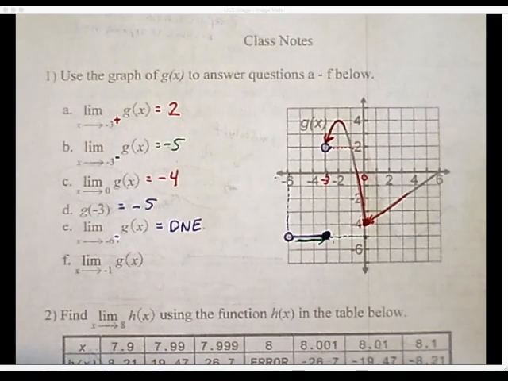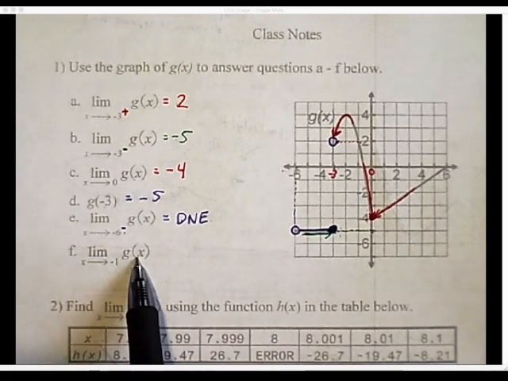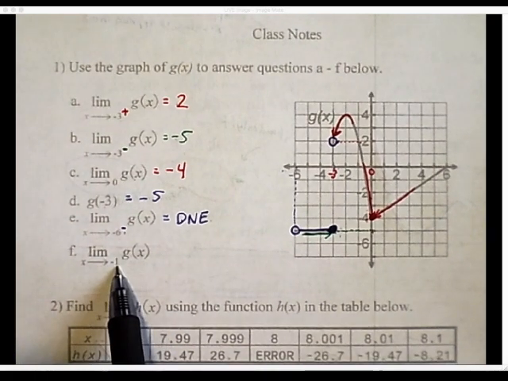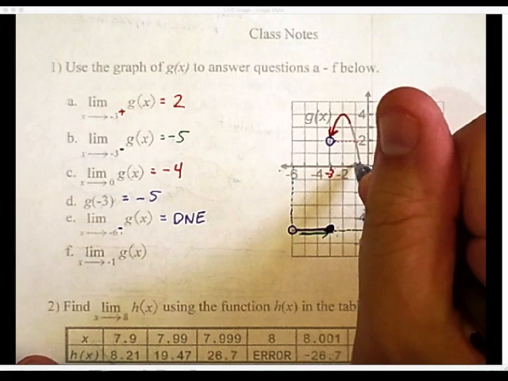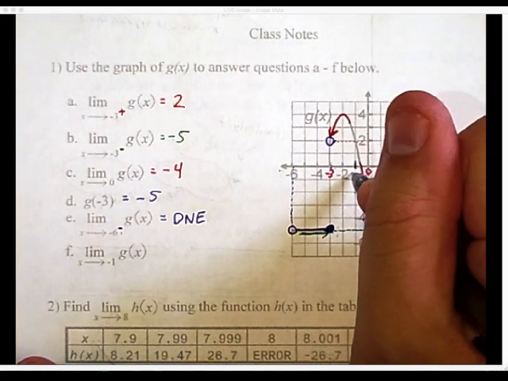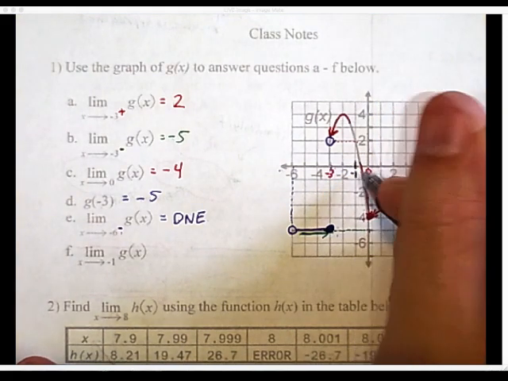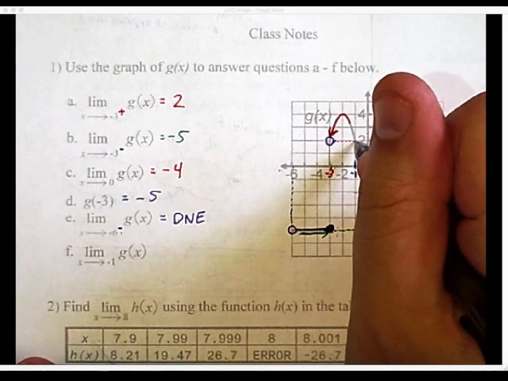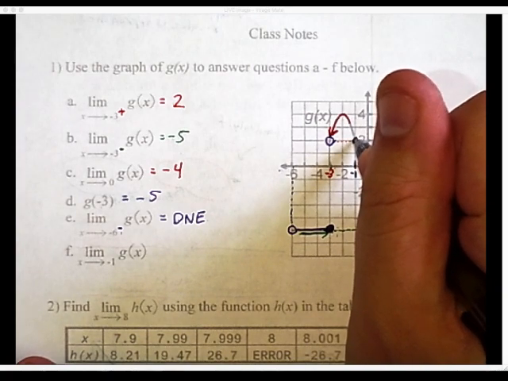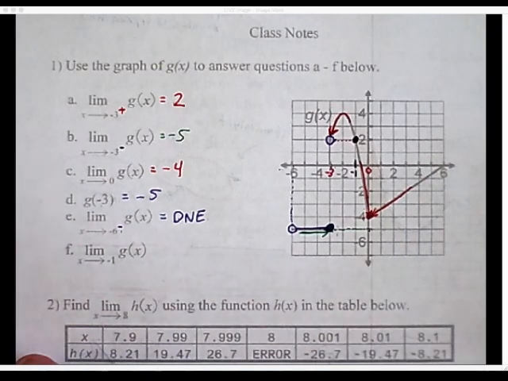All right, one more. It says, what's the limit of g of x as x approaches -1? Now here it doesn't have any pluses or minuses. So here's an x value of -1. Since there's no open circles or anything, we assume that's a filled in circle there.